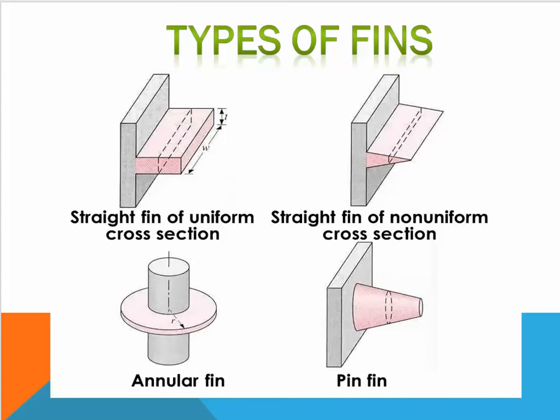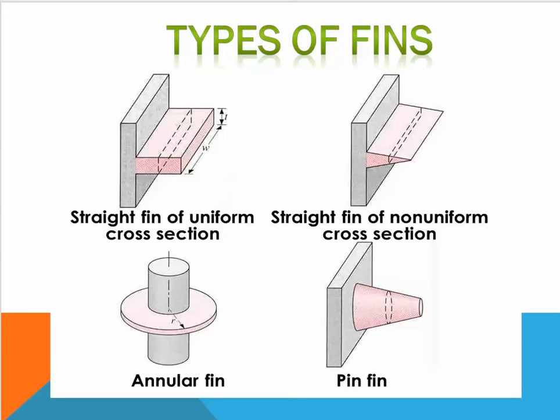As you can see in this figure, we have several types of fins. The first is a straight fin of uniform cross-section. Straight fin means a fin that extends straight and uniformly, so there is no change in the shape of the fin.